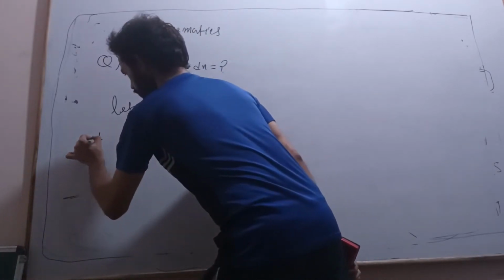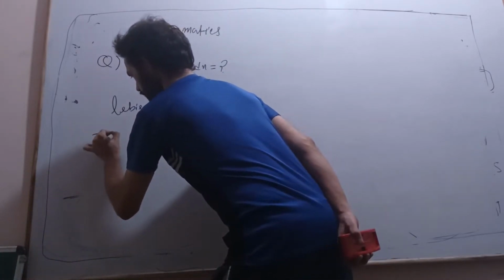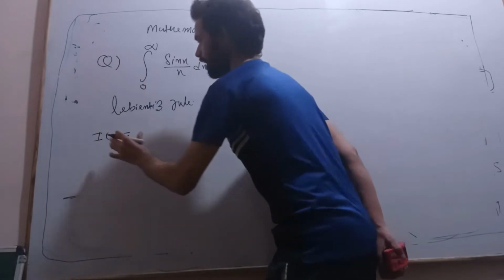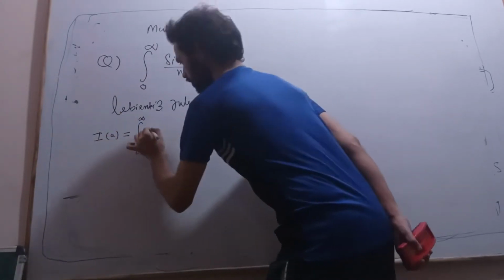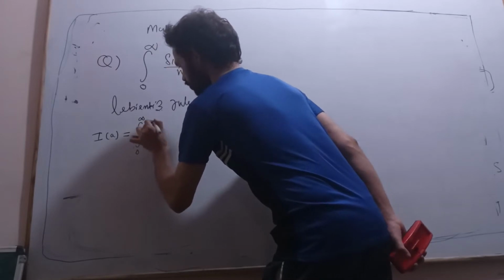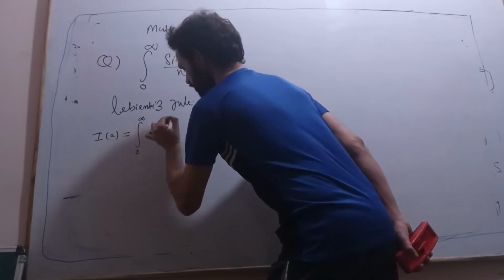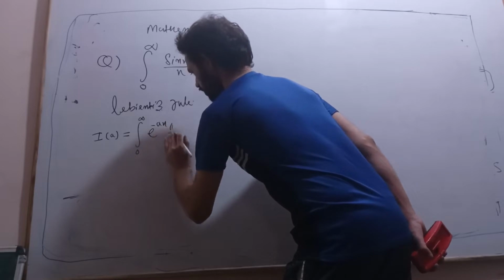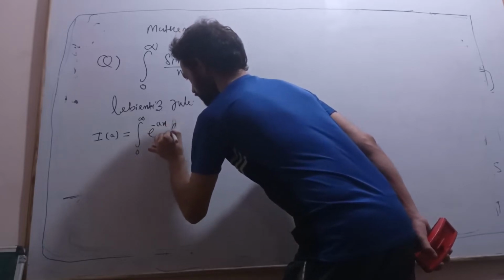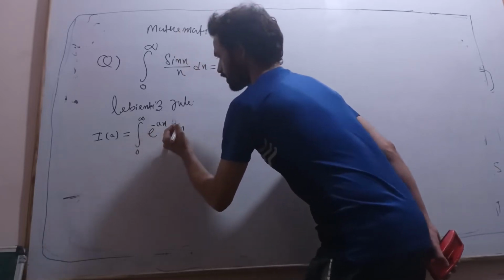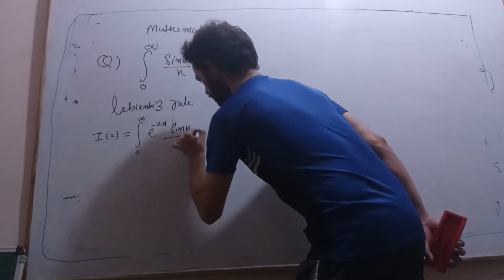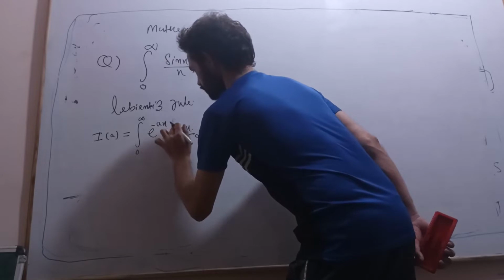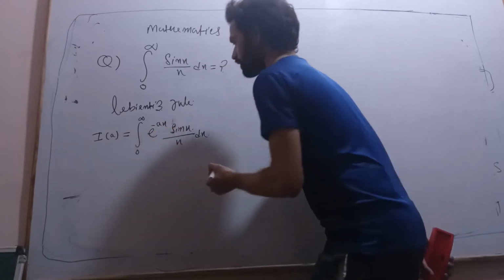First of all, we will take one assumption: I of a is equal to the integration from 0 to infinity of e to the power minus ax into sin x by x dx.